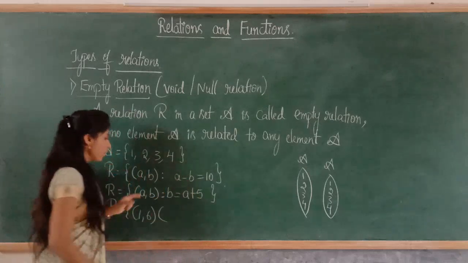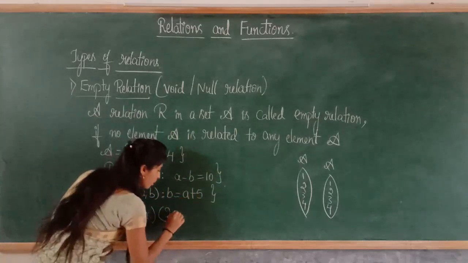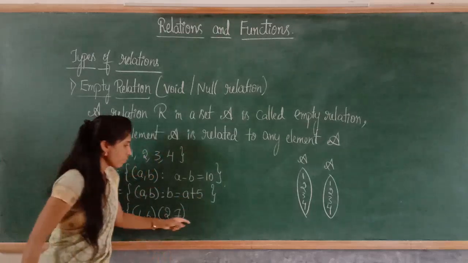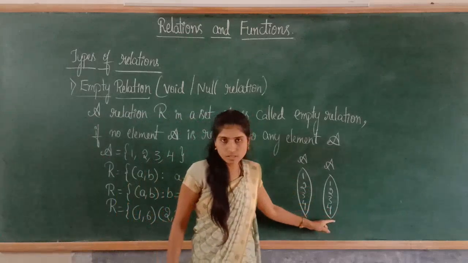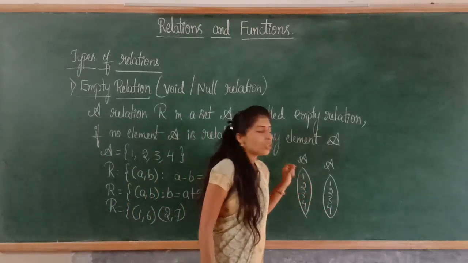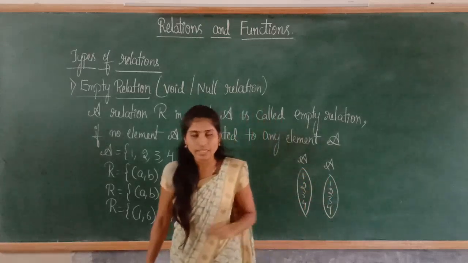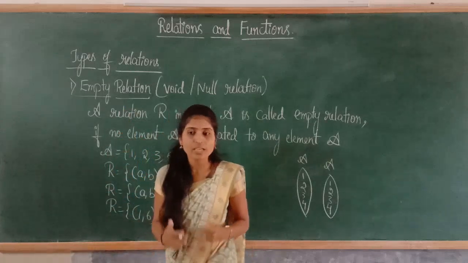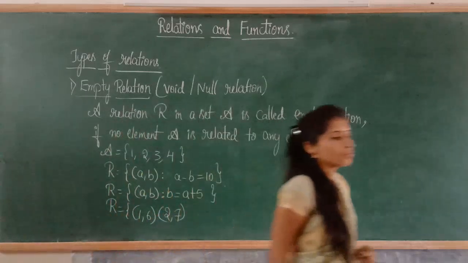If I put the value of A is 2, then the value of B is 2 plus 5, that is 7. In the same way. See here, 1 is not related to 6 and 2 is not related to 7. Means no element of A is related to any element in set A. So this is called what? Empty relation.